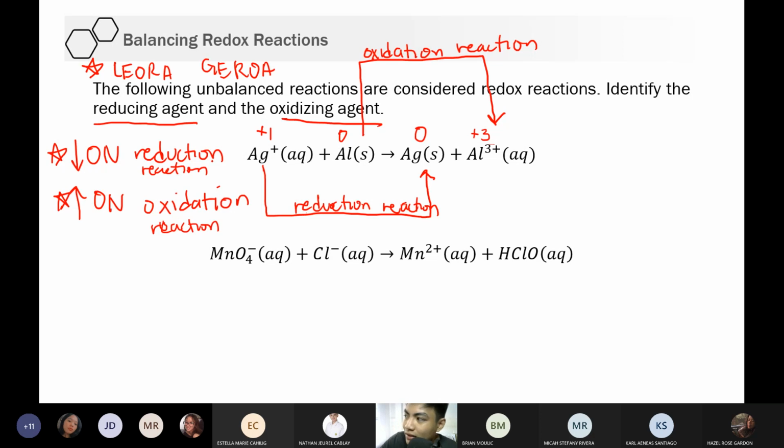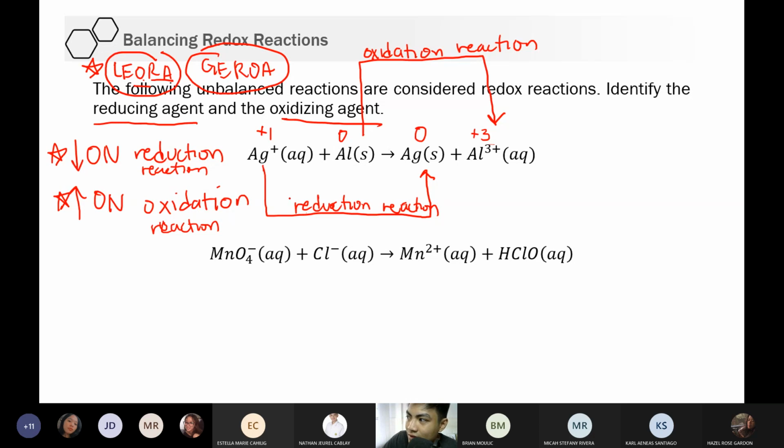Okay, so ayun, sabi natin, Ag plus underwent reduction reaction para maging Ag0. Al0 nag-undergo ng oxidation reaction para maging Al3+. So ito yung pinaka main question. Sino yung reducing agent? Sino yung oxidizing agent? Gamitin si Leora Geroa. Okay. So ano sabi ni Leora Geroa? Kapag yan ay nag-undergo ng oxidation reaction, siya yung reducing agent.